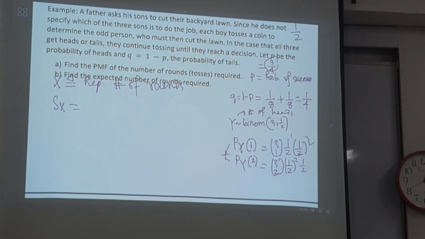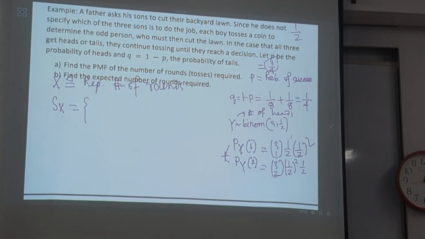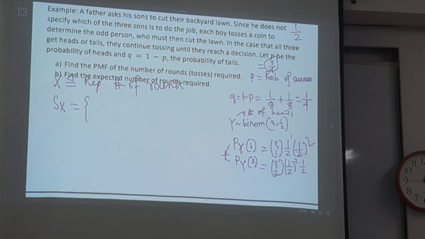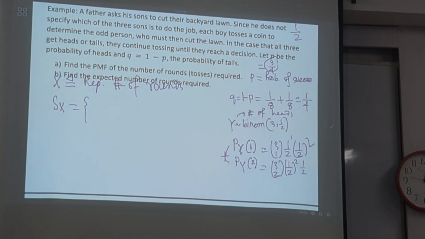So what are the possible values? How many rounds of tossing do they need to get a decision?